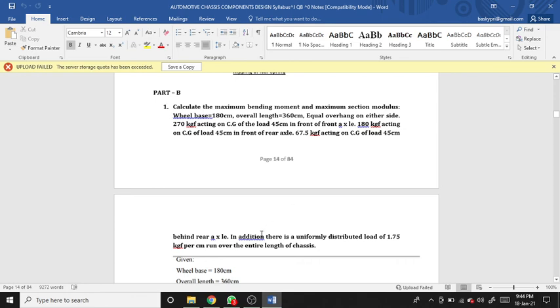In addition, there is a uniformly distributed load of 1.75 kgf per centimeter run over the entire length of the chassis.